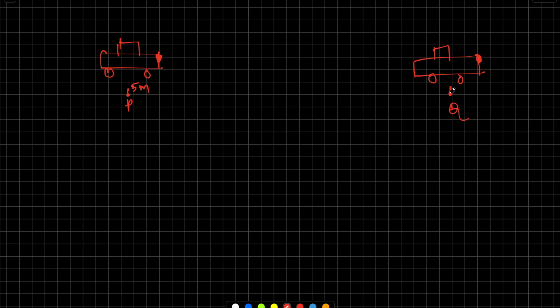And position Q, let's say 10 meters. To reach 10 meters from 5 meters, the car took 5 seconds, right? So this is my initial position, R1. This is my final position, R2. And this is my time interval, delta t.